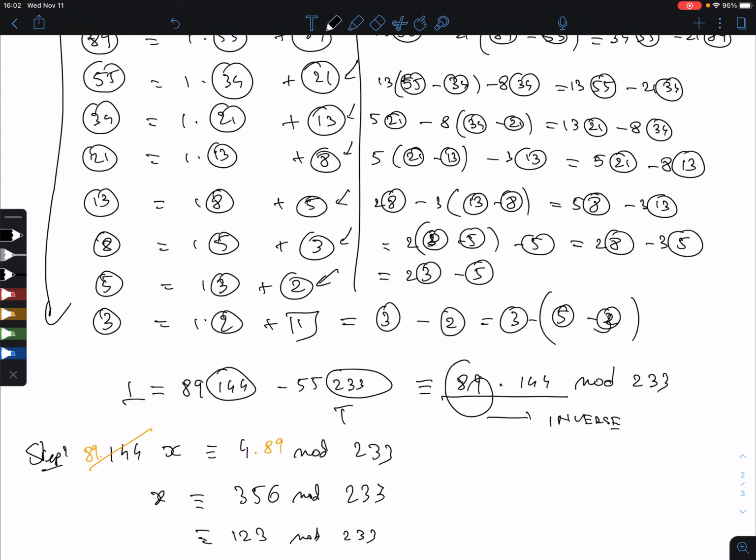Remember, we should always give our answer within Z233, which is all the remainders from 0, 1, all the way up to 232. Okay, 123 is one of these numbers.